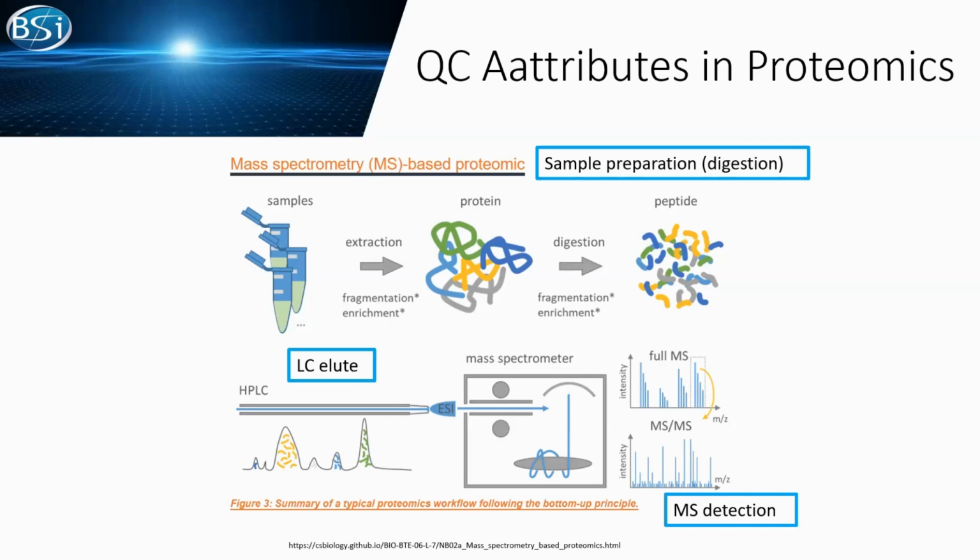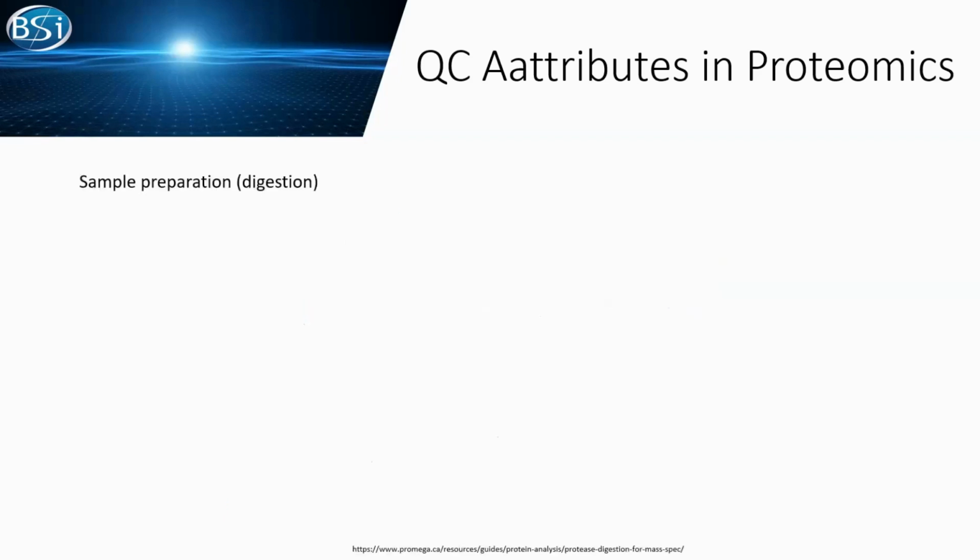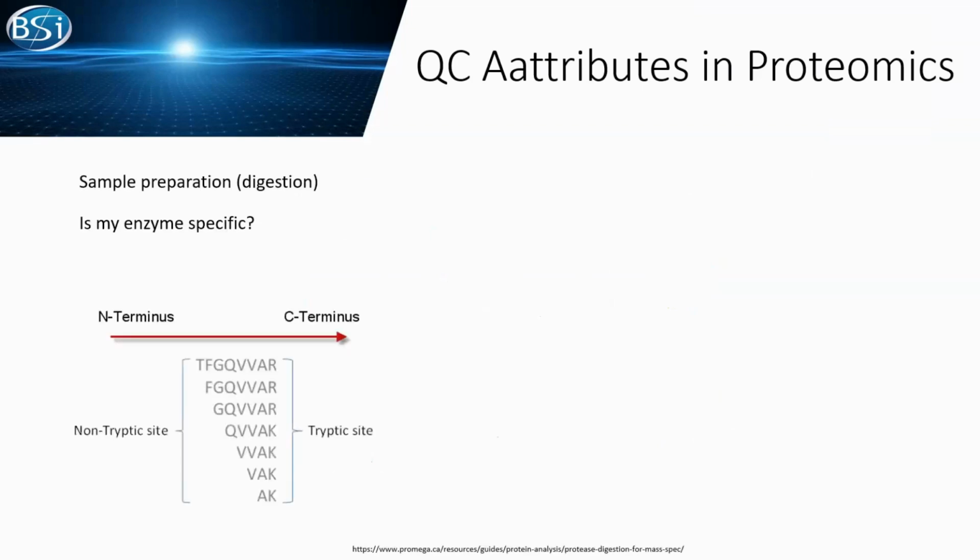The first one that we probably want to check is your sample preparation. In sample preparation, especially for bottom-up proteomics, we would like to do digestion. We can choose any enzyme that we need. One thing we need to watch is whether my enzyme is specific, which means is my enzyme cutting at the right amino acids.